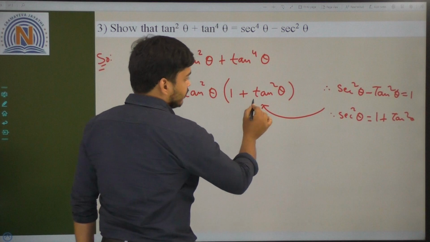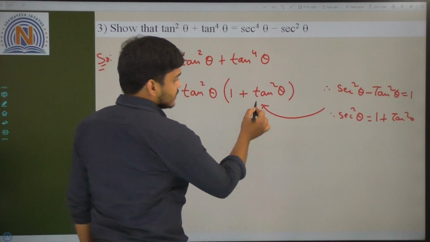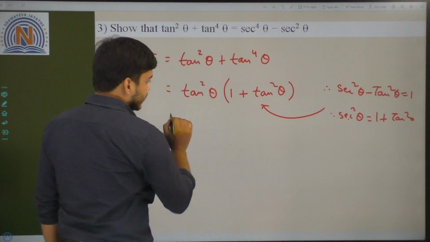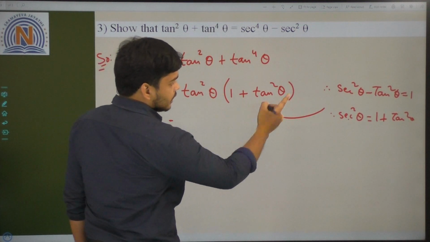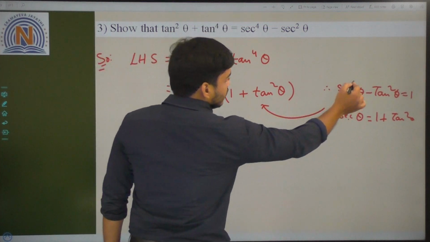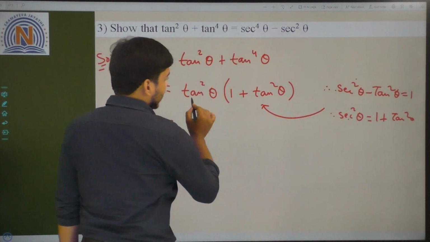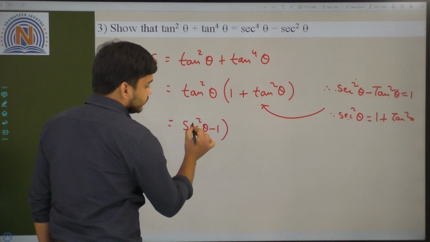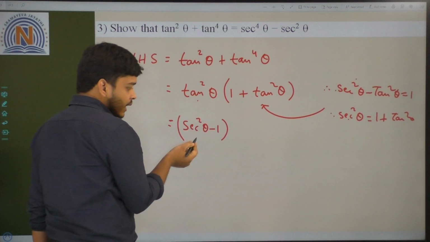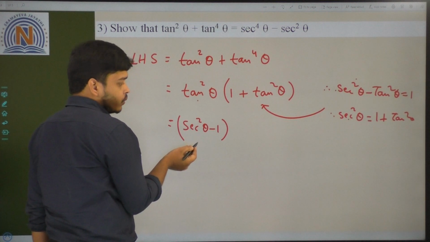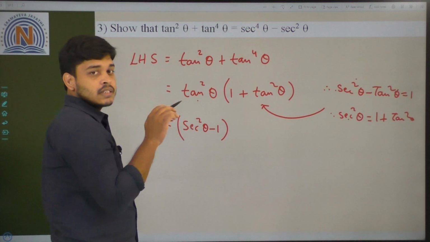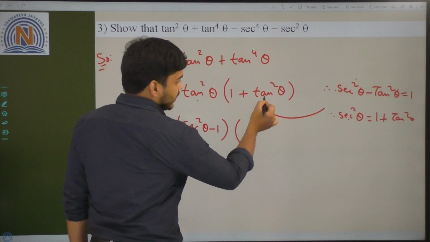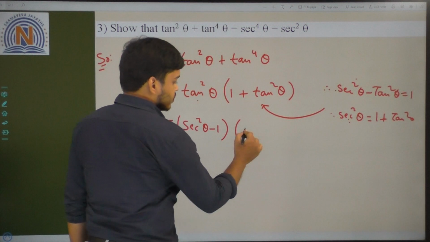So in place of 1 plus tan square theta we keep secant square theta, and from this we can write tan square theta as secant square theta minus 1. Tan square theta we write in terms of secant square theta minus 1, by using the identity secant square theta minus tan square theta is equal to 1, and 1 plus tan square theta we call secant square theta.